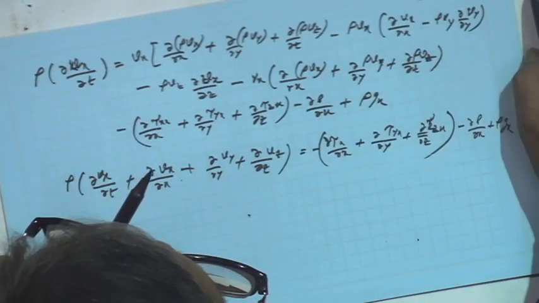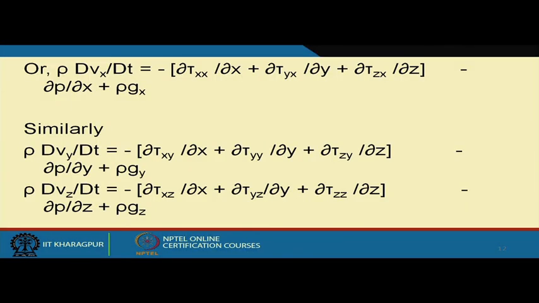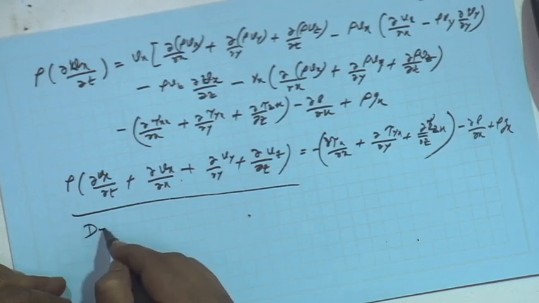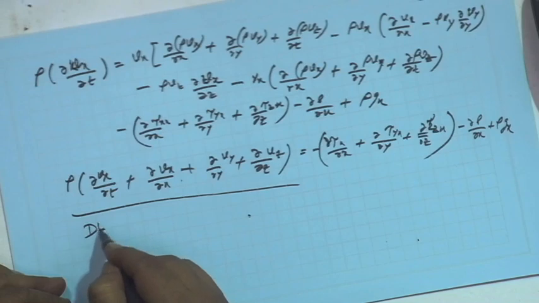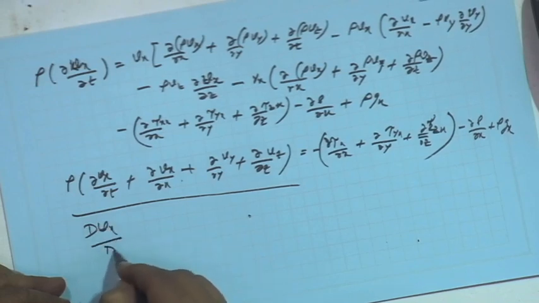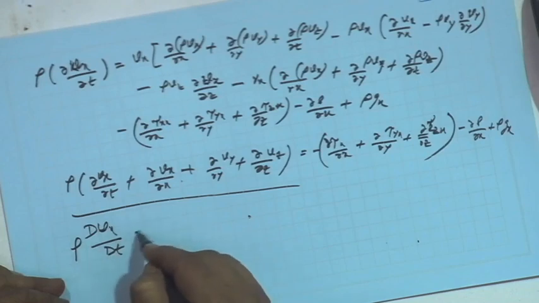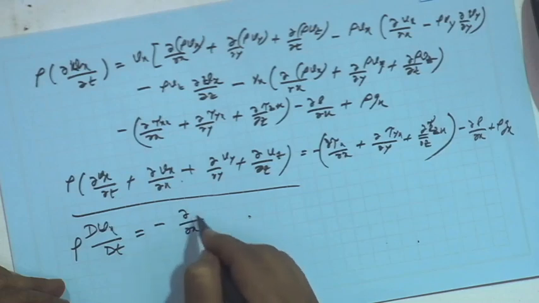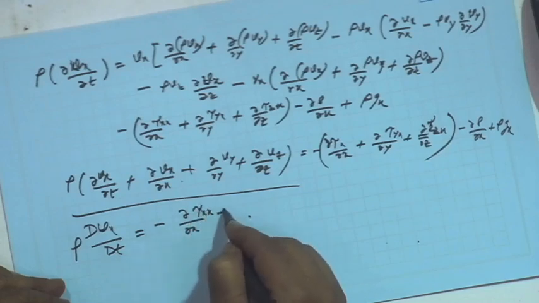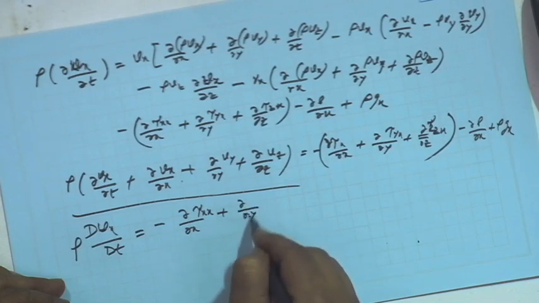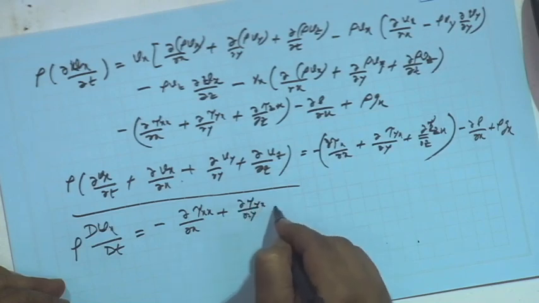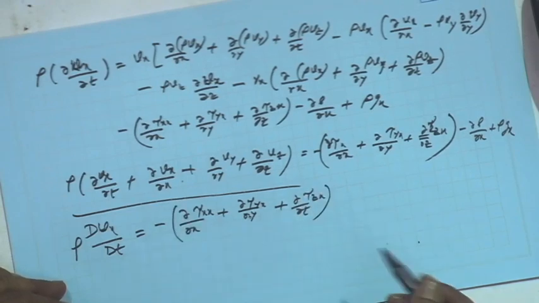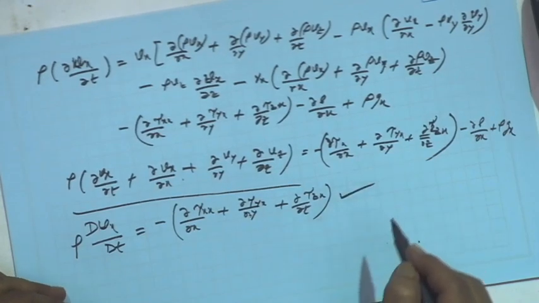Then we can say that this is nothing but the operator capital D. So, we can write that rho times capital D Vx by Dt, this is nothing but minus del x of tau xx plus del y of tau yx plus del z of tau zx, right. So, this is for the x component.